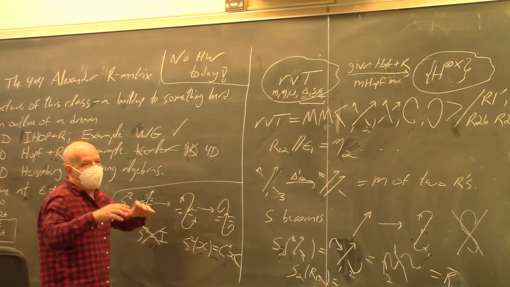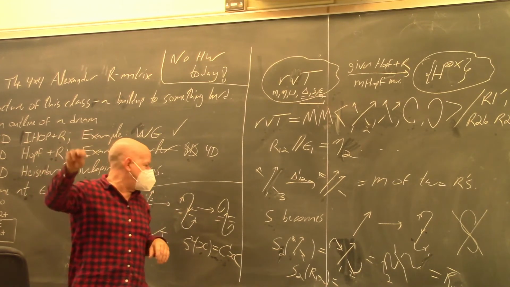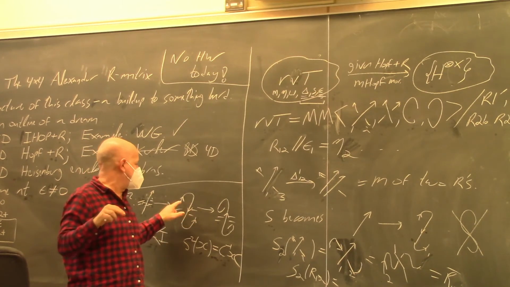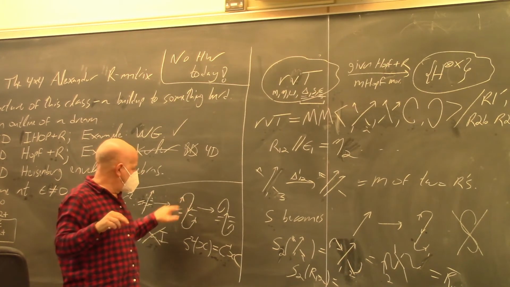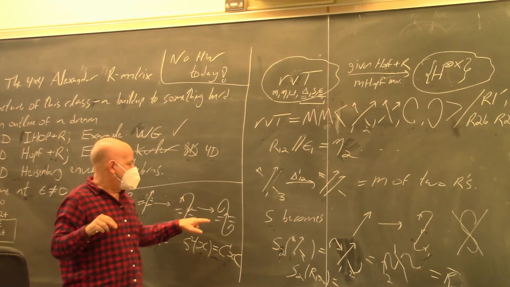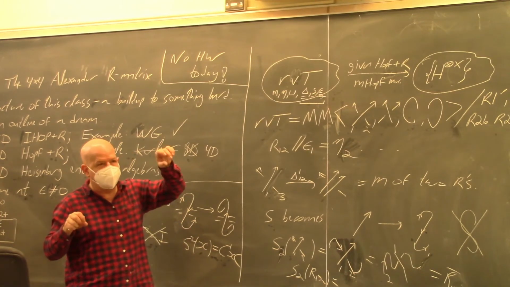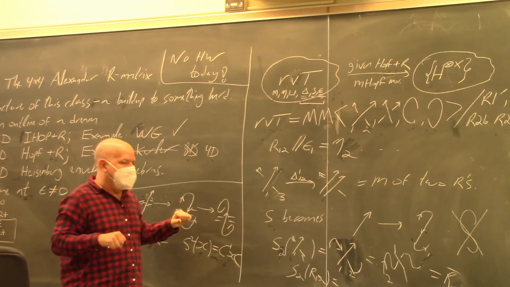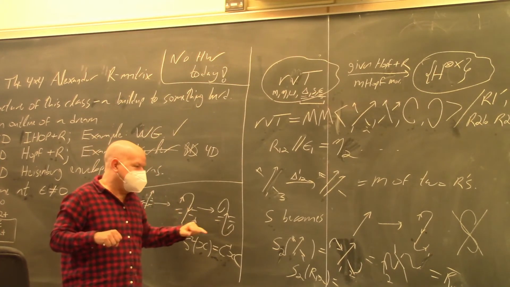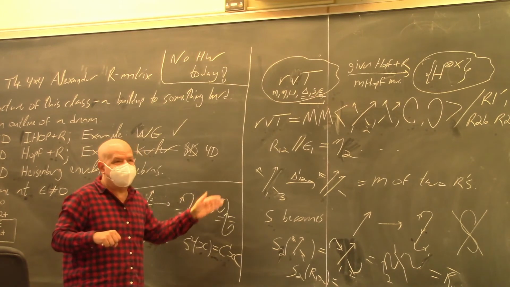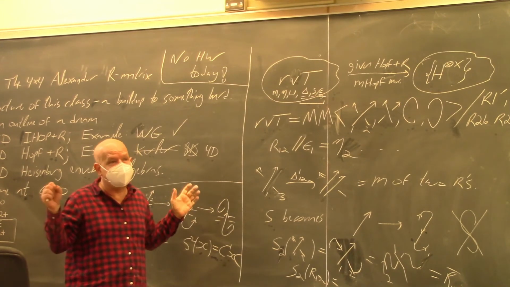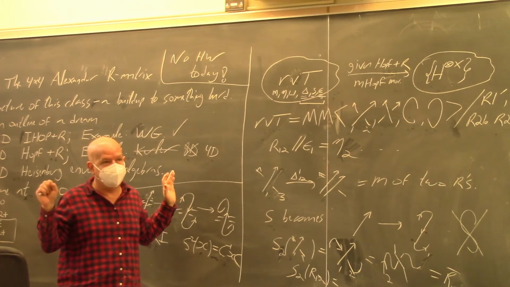So you have a big tangle and in it one strand. Applying S to that strand means doing this to it. Applying S squared means adding two C's, one at the top and one at the bottom. And the C's, if they were central elements, you could somehow slide them. But I never said that they are. Yeah, this makes sense. Okay? Yeah.